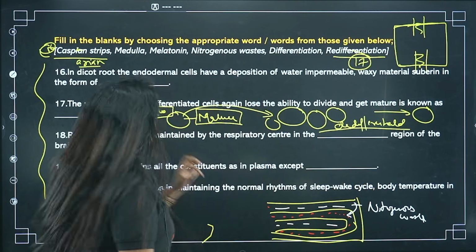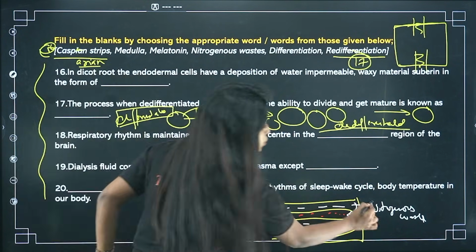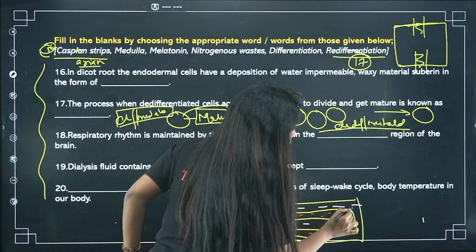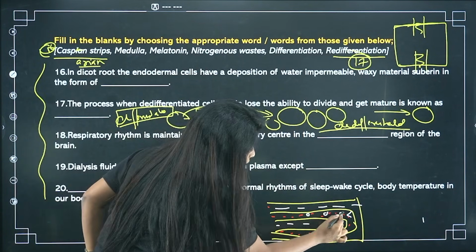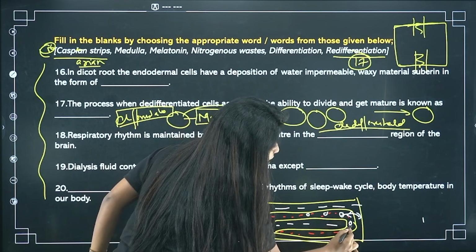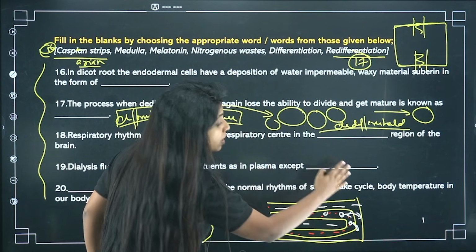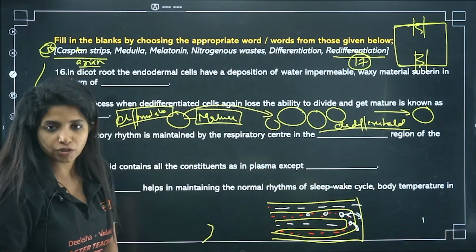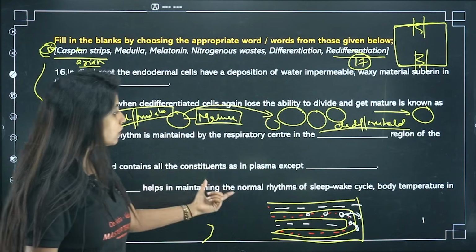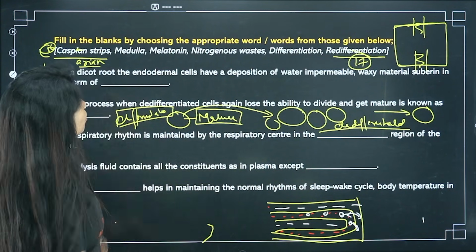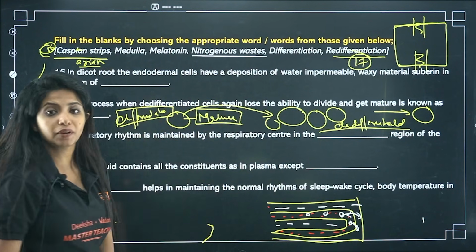So we will make sure that there is no nitrogenous waste over here. Why? Because in that condition, whatever nitrogenous waste is inside the blood will be moving out from a region of higher concentration to a region of lower concentration. So that is the logic. So the dialysis fluid contains all the constituents as in the plasma except what? Except the nitrogenous waste.